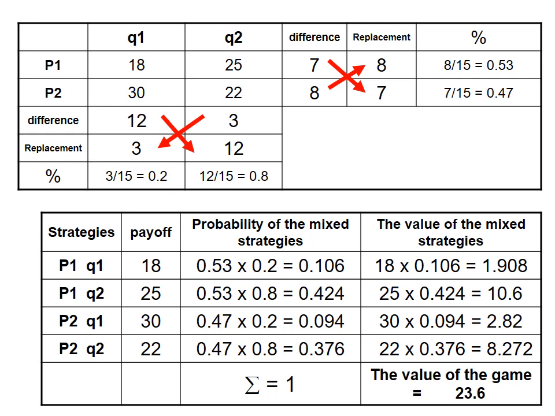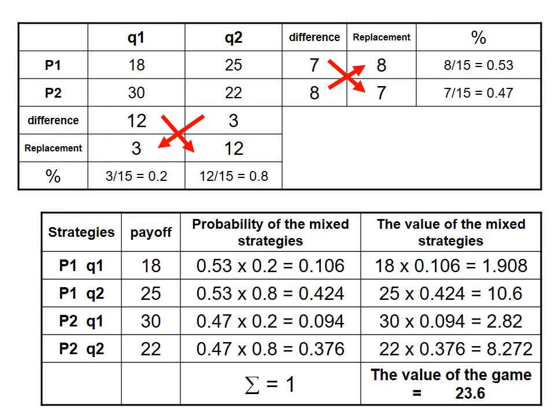For the strategy B1 Q2, the payoff 25, the probability of B1 is 0.53 and the probability of Q2 is 0.8, equal 0.424.